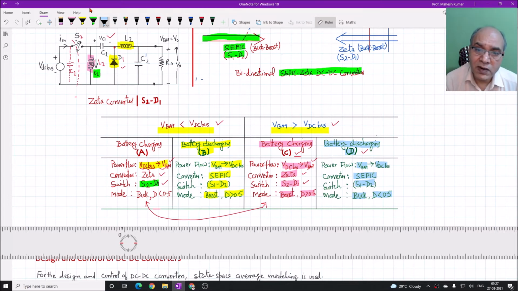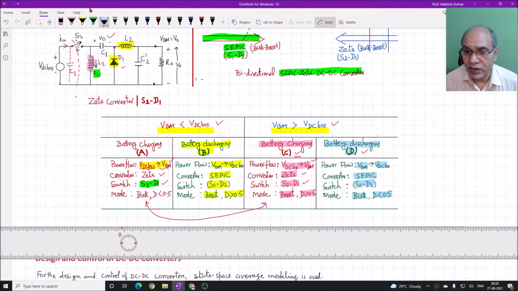The very interesting part is that in bidirectional applications, the source and the load can be interchanged. So battery can be a source, it can be a sink. Similarly, DC bus can be a source, it can be a sink. It should have capacity to absorb the power, and it must have capacity to give the power. That is the requirement for a bidirectional converter.